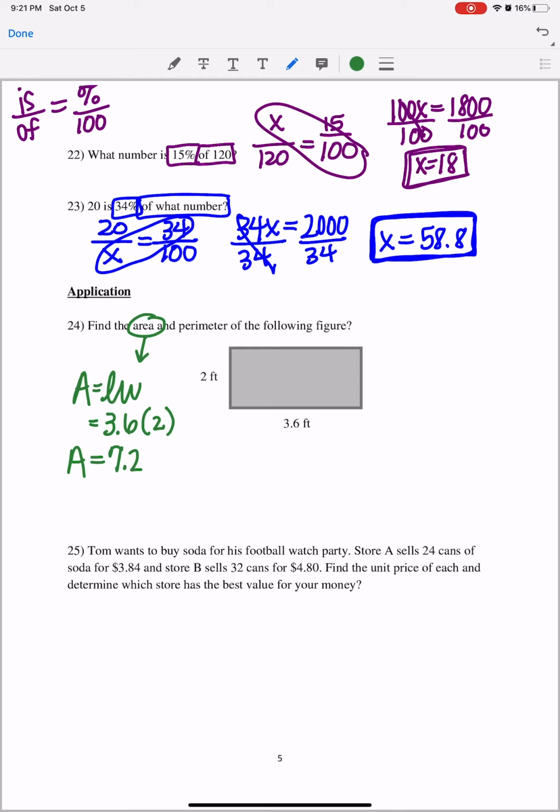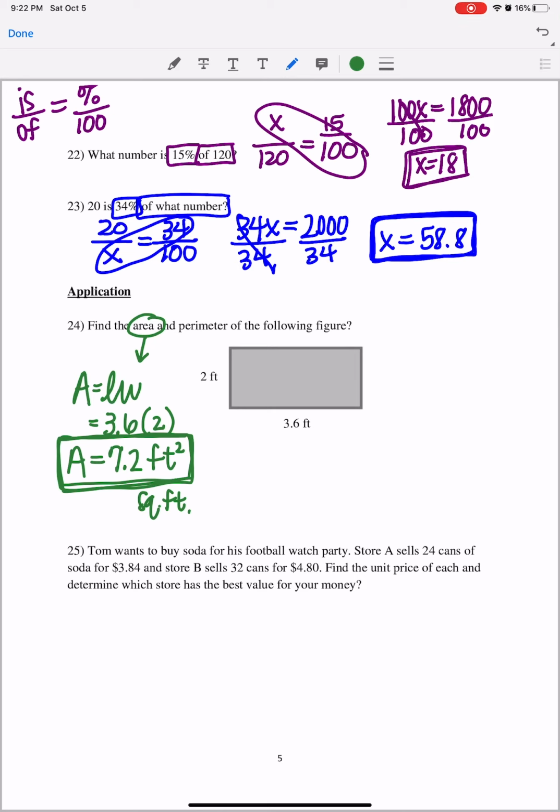Now, you need some units on here. So because I'm finding area, it's not just feet, but it is feet squared. Anytime you find area, you need to square your units. And so I did feet squared. You can also do square feet as well. Okay, but you got to make sure you have that squared on there.